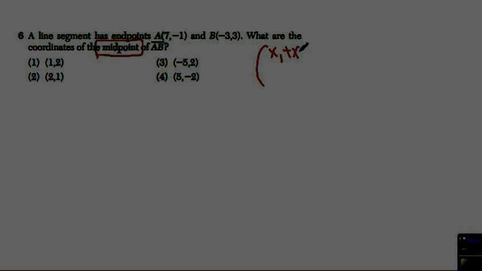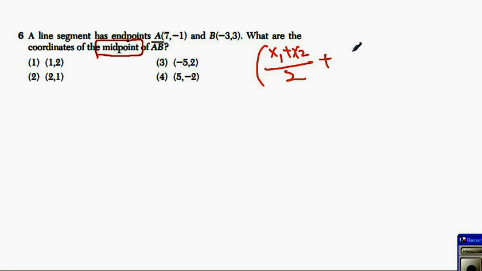Here we have the endpoints of these two. How do you find the midpoint? The formula for the midpoint is x1 plus x2 over 2, comma, y1 plus y2 over 2. This is essentially the average of those two x values and those two y values.